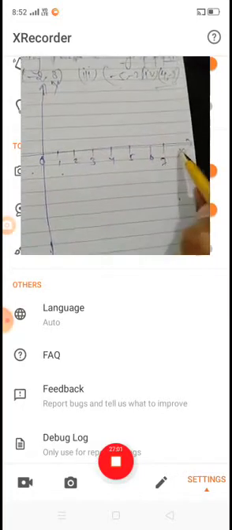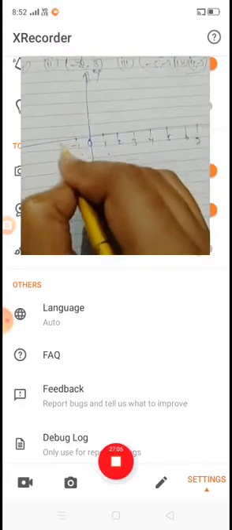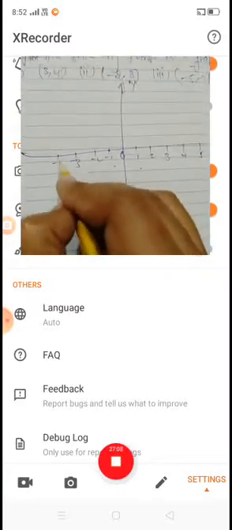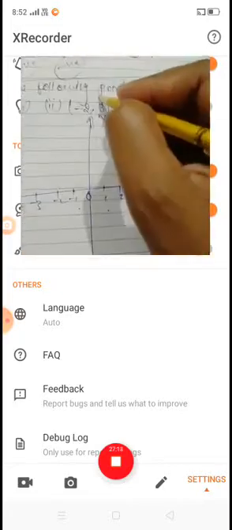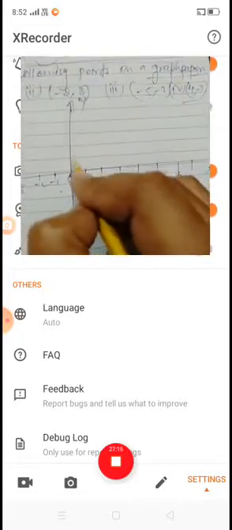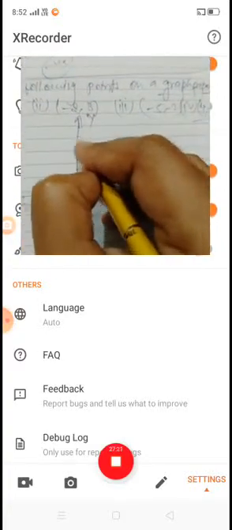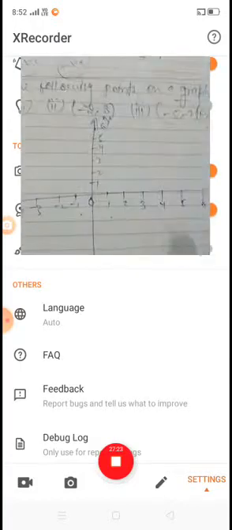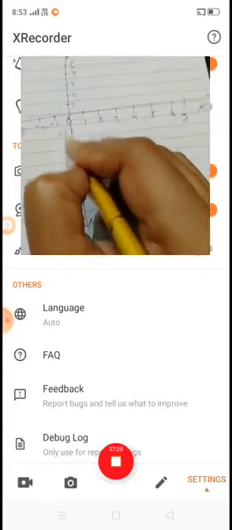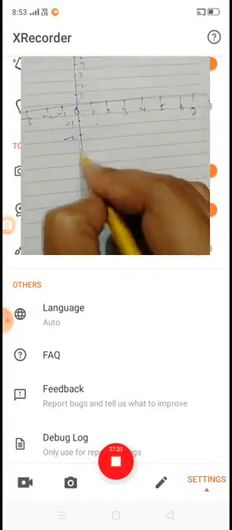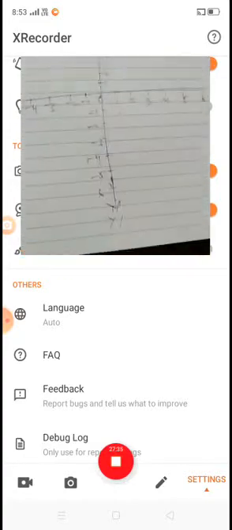This is the positive direction of x. This is the negative direction of x, that is -1 -2 -3 -4 -5 -6. This is the positive direction of y, that is +1 +2 +3 +4 +5 +6 and so on. Similarly, this is the negative direction of y, that is -1 -2 -3 -4 -5 -6 and so on.